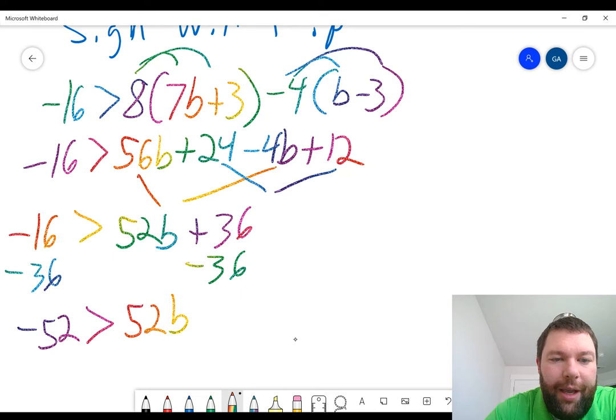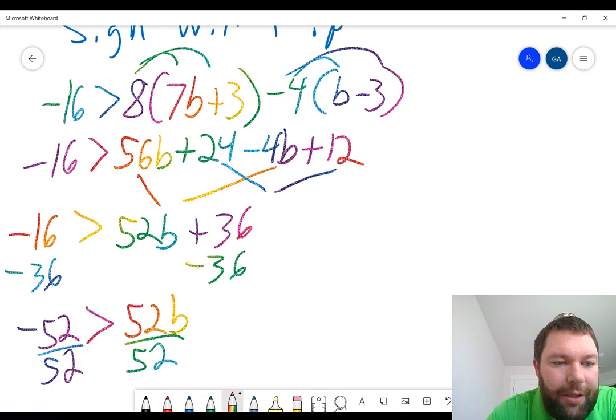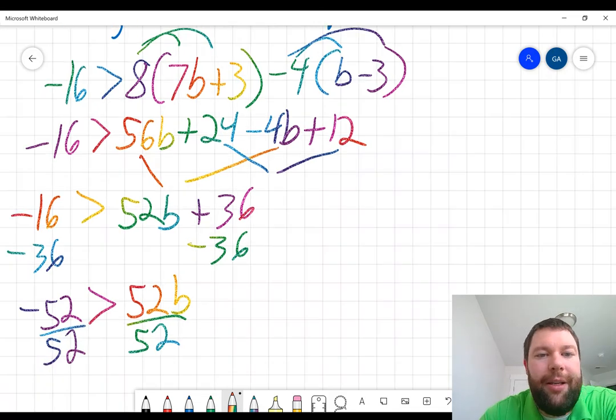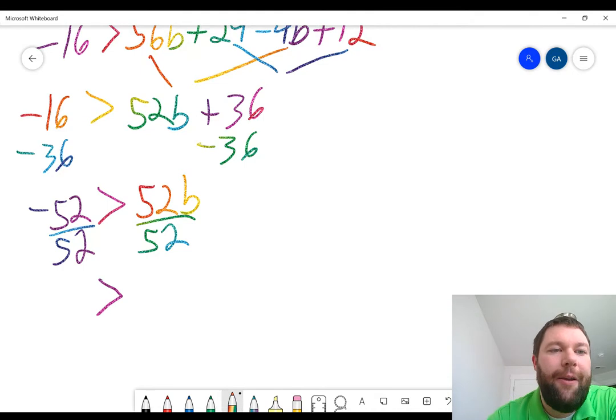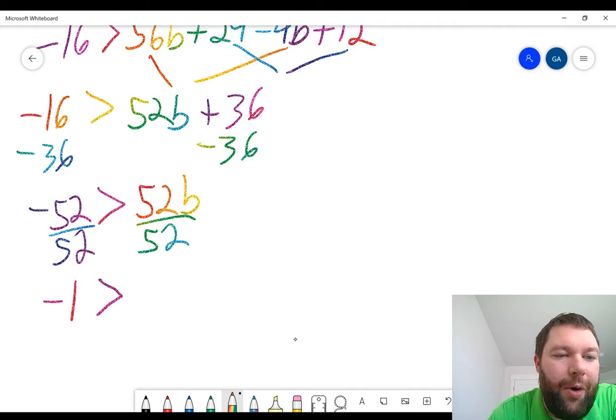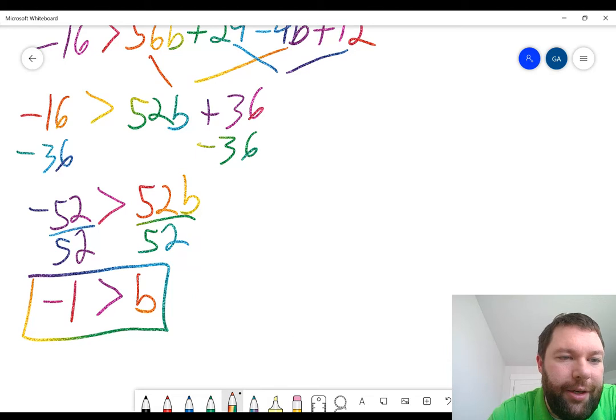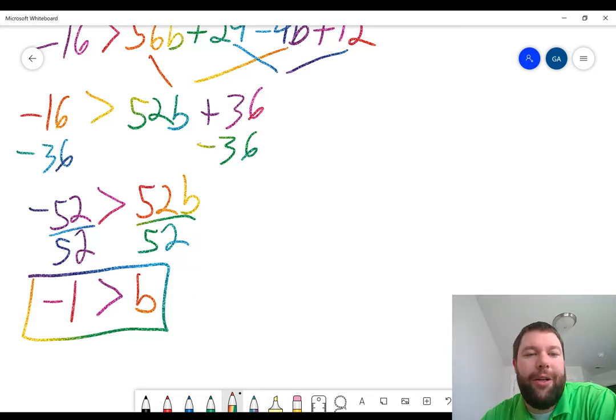My last step here, I'm going to divide by 52. This is a positive 52 that I'm dividing on each side, so it doesn't do anything to my inequality symbol. It's going to remain facing that direction. Negative 52 divided by 52 is negative 1, and then I have b. That's one of my answers right there, my solved inequality.